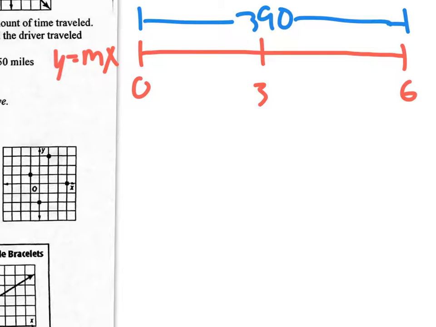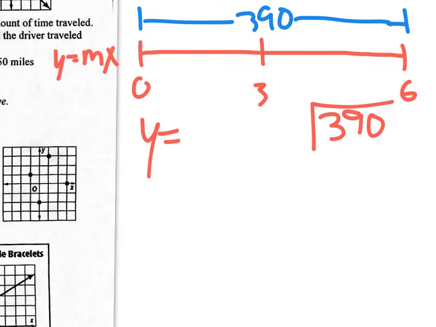So what we could do is chop this up into 6 pieces. It's really going to be 390 divided by 6, right?